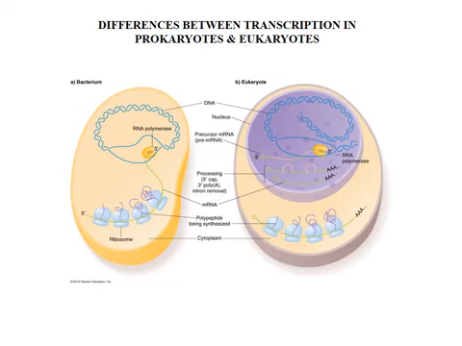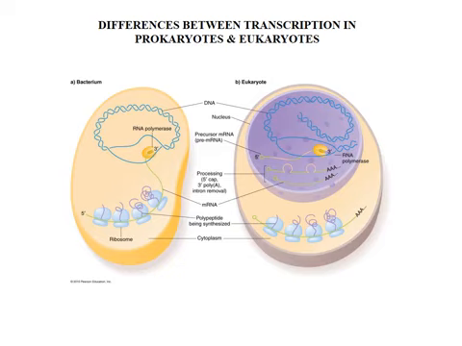This slide represents the difference between transcription in prokaryotes and eukaryotes. We all know that transcription in prokaryotes and eukaryotes differs. The basic difference is that in prokaryotes both transcription and translation take place in the cytoplasm, whereas in eukaryotes transcription takes place only in the nucleus and translation takes place in the cytoplasm.